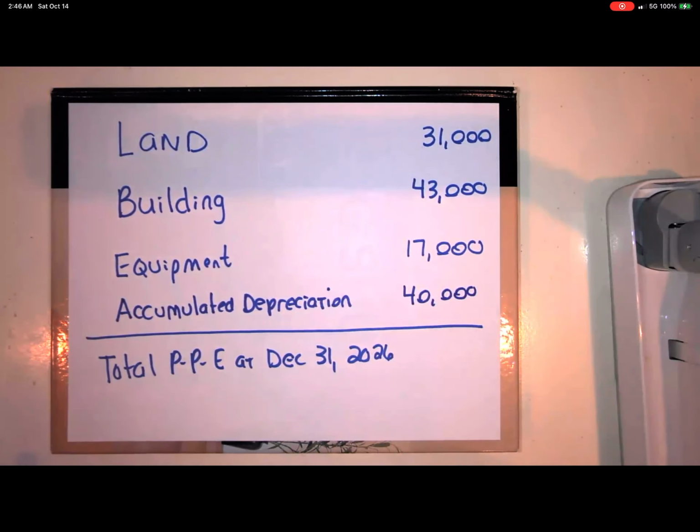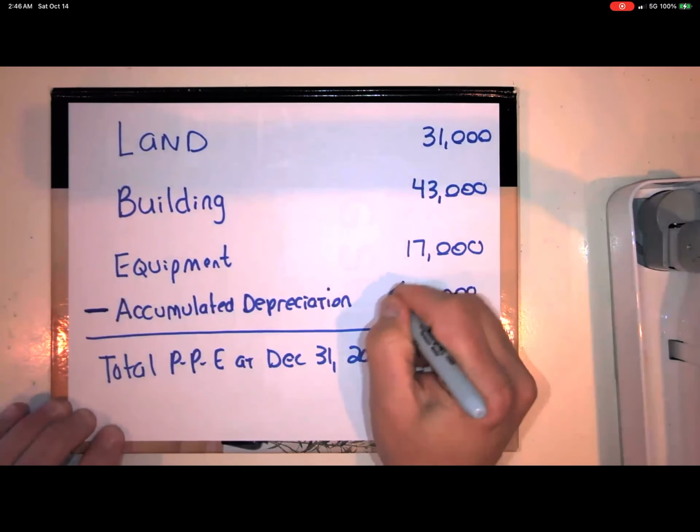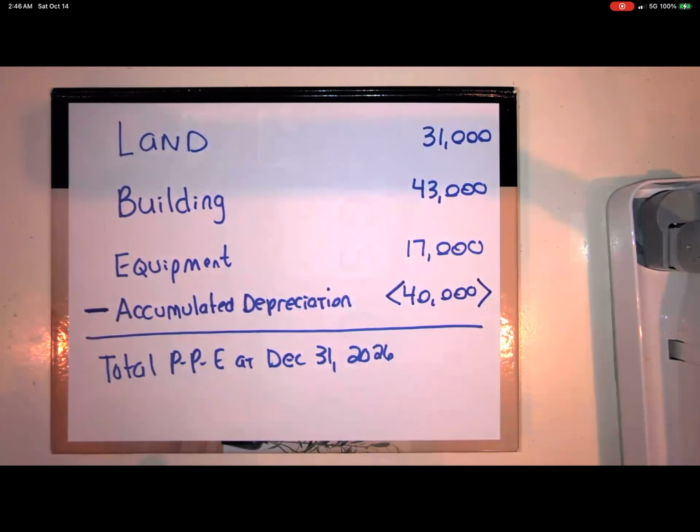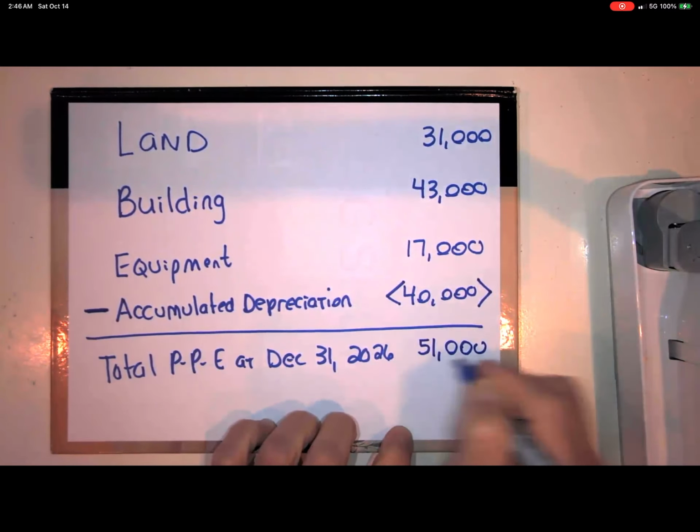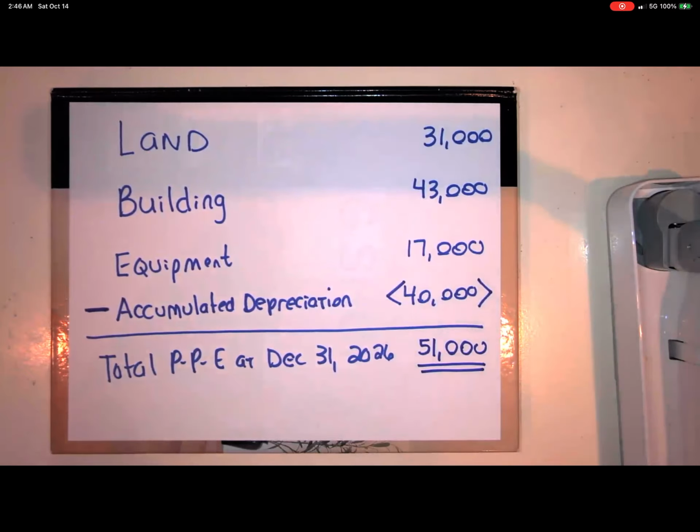Remember the very first module on financial statements, it told us that the accumulated depreciation is shown as a decrease to our PP&E. So we want to subtract that 40,000, giving us total property, plant, and equipment at December 31st of $51,000. Good job, Christopher. Well done.